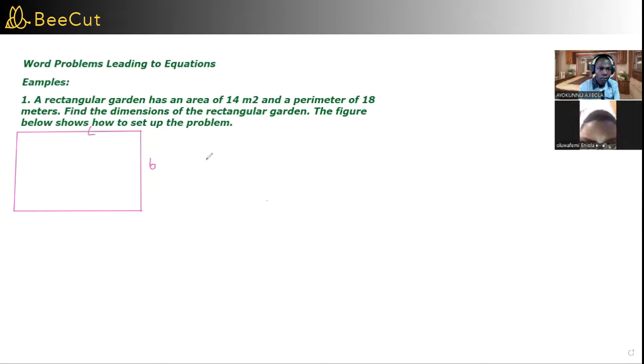The question says the area, length times breadth, is equal to 14 square meters, and the perimeter, which is given by twice of length plus breadth, is 18 meters. So here we are to find the length and the breadth.